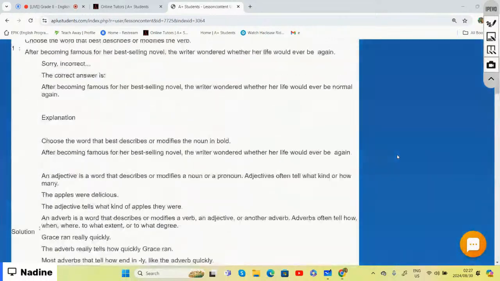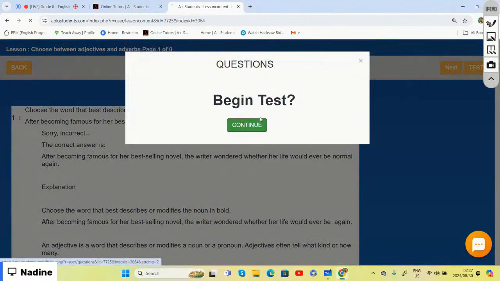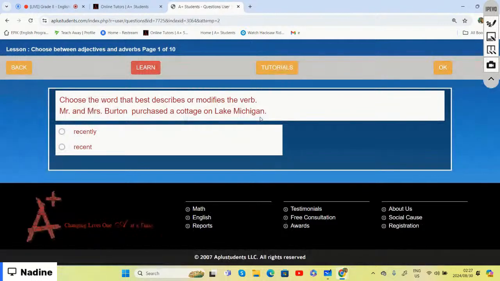All right, so now we're going to our test, where we are going to choose between an adjective and an adverb.